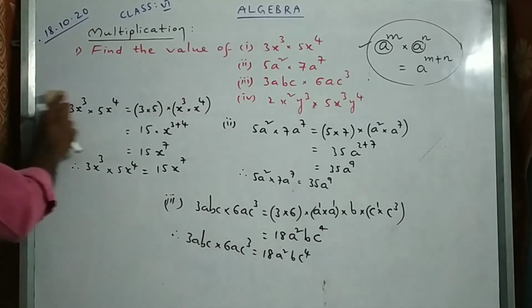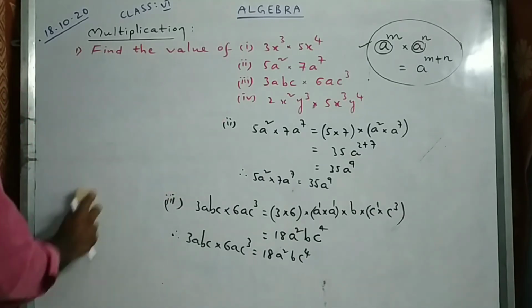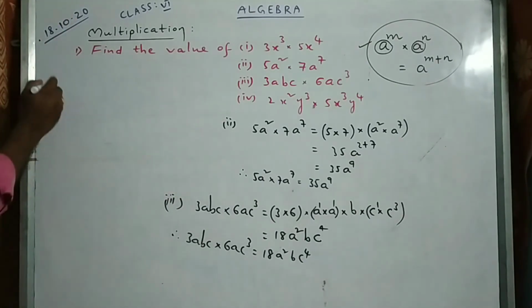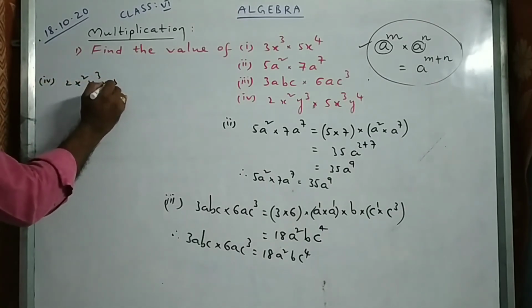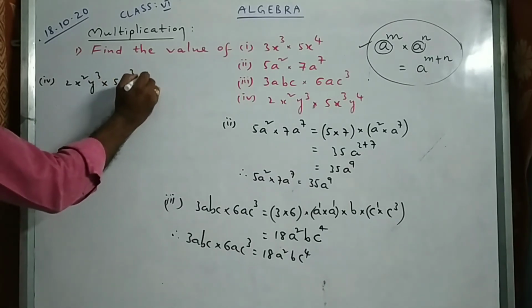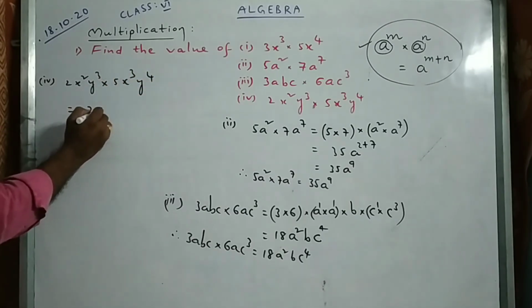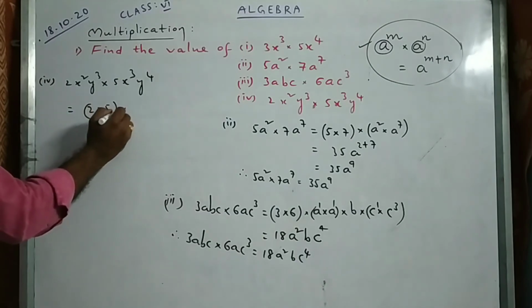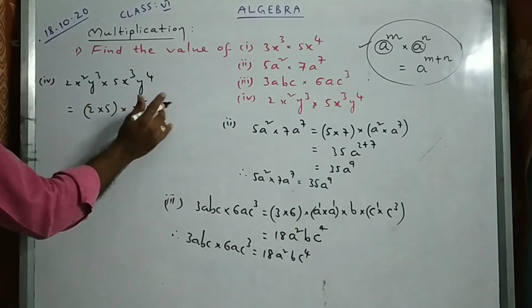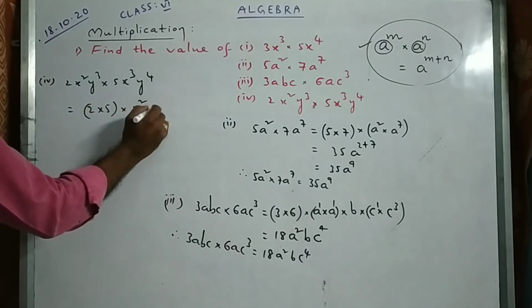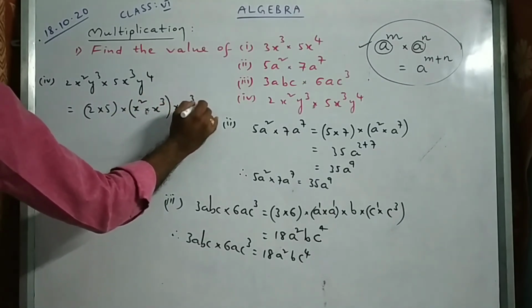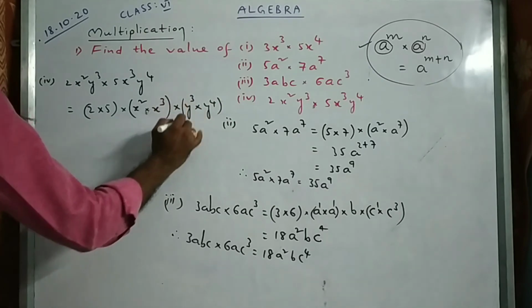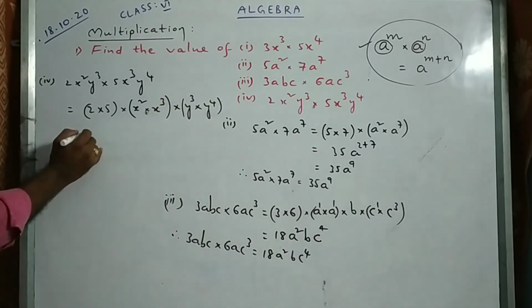Fourth one I will do here. Fourth one, 2x square y cube into 5x cube y to the power 4. Now 2 into 5 write together. X square into x cube write together. Y cube into y to the power 4 write together. Regrouping the terms. 2 fives are 10.